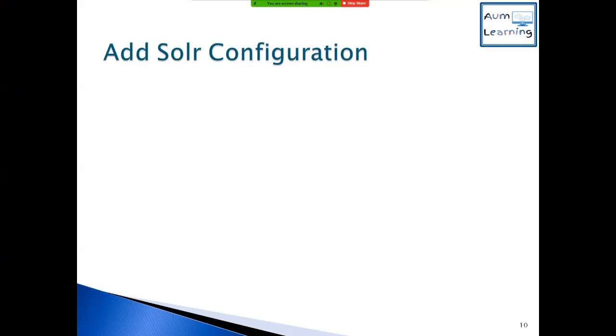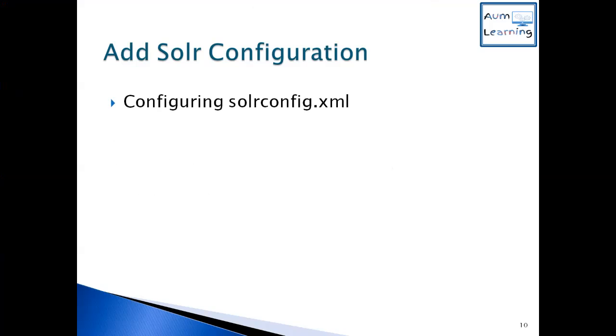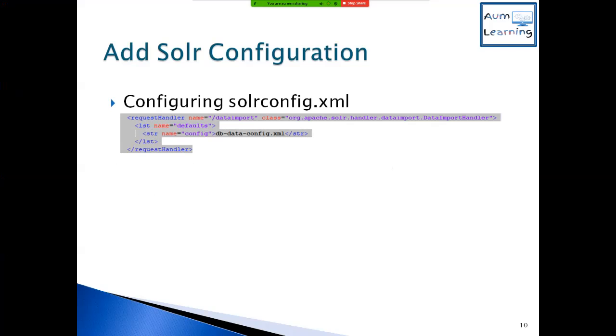The next step is we need to add Solr configuration. In order to handle the request for data import, we need to add a request handler in the Solr config.xml file. So this is the syntax to add a request handler into Solr config. If you look into that, it has a request handler, the name is data import, and the class.